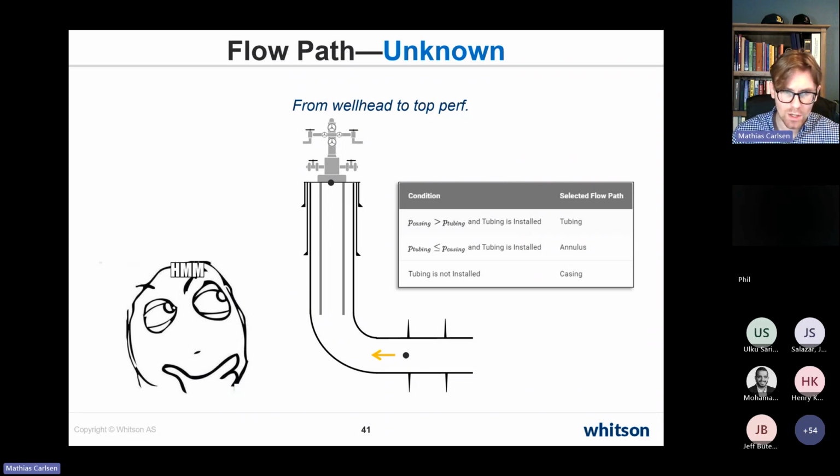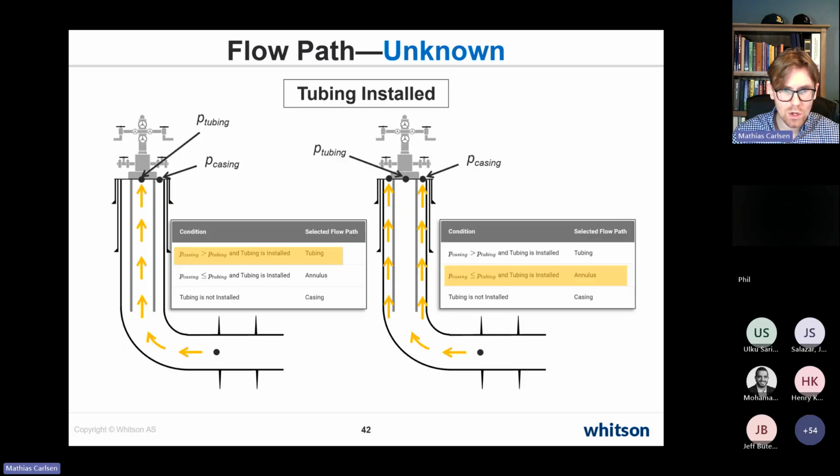And what the software does is that it looks at the casing and the tubing pressures, and whether tubing is installed or not, to estimate what the flow path is. So if the casing pressure is larger than the tubing pressure and tubing is installed, tubing flow is assumed. And if the casing pressure is less or equal to the tubing pressure and tubing is installed, we assume annular flow.